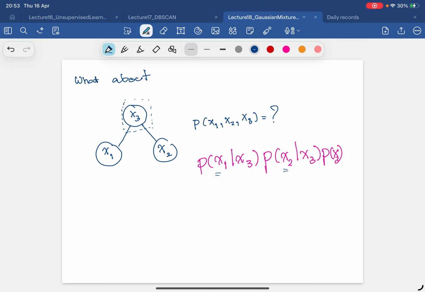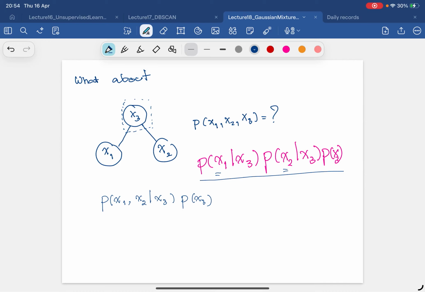In other words, if you wonder how I got this equation quickly, maybe let's put it another way. Let's say without any assumption, this is without any assumption.